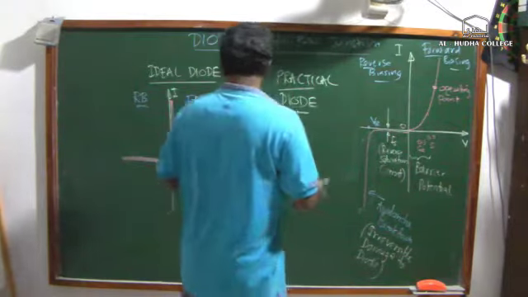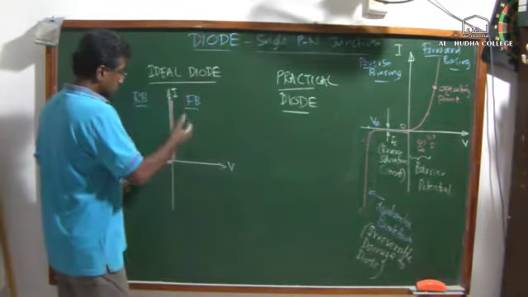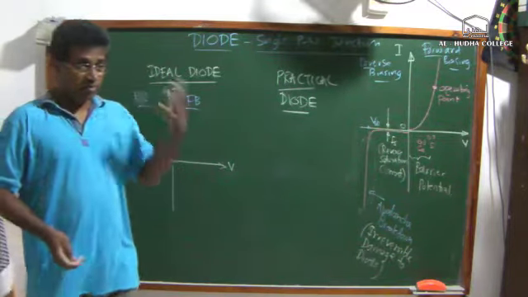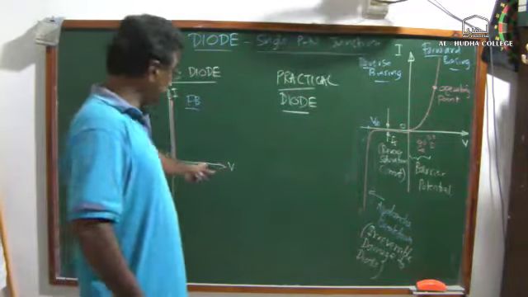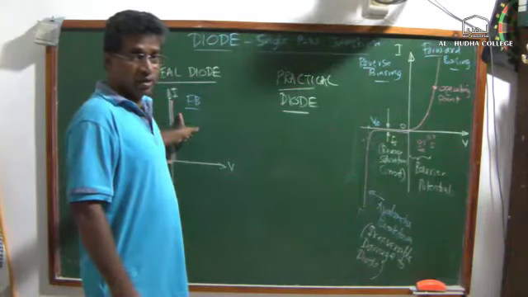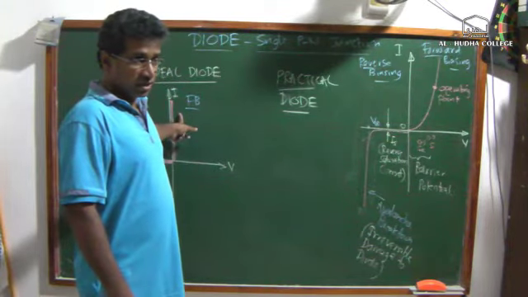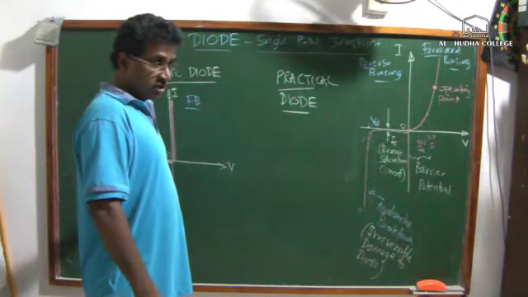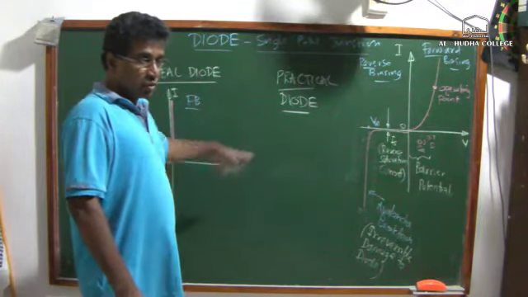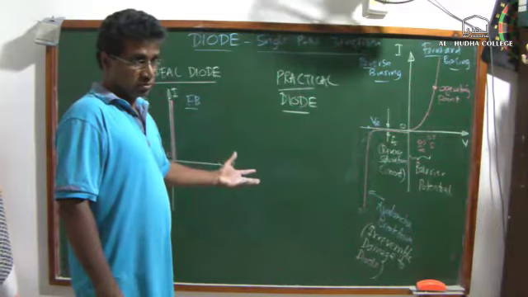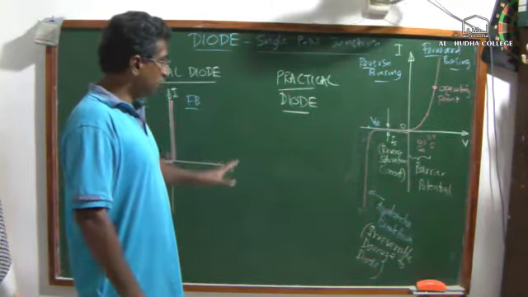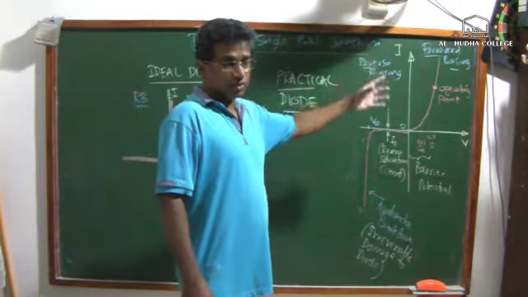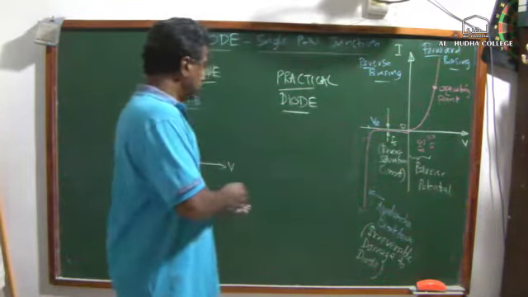Ideally, if we had characteristics like this, the power dissipated will be zero, because the voltage is zero when the current is high, right? In the reverse direction, current is zero, even though we increase the voltage. So there will be no power dissipated in an ideal diode. But in the practical diode, some power is dissipated inside the diode, right?